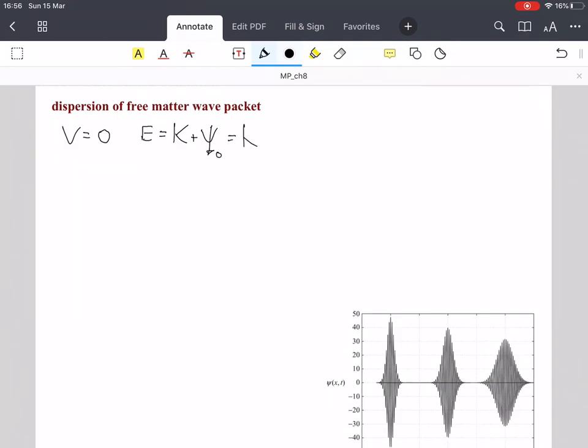So that's equal to K, which is, for this non-relativistic particle, the momentum squared over 2 times the mass.